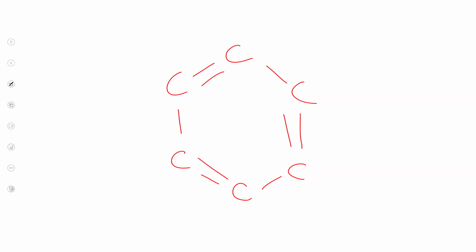It's really repetitive, but you've got to be able to follow the rules and make sure that you have enough hydrogens added. I didn't draw the hydrogens here. How many hydrogens should I put on each carbon?